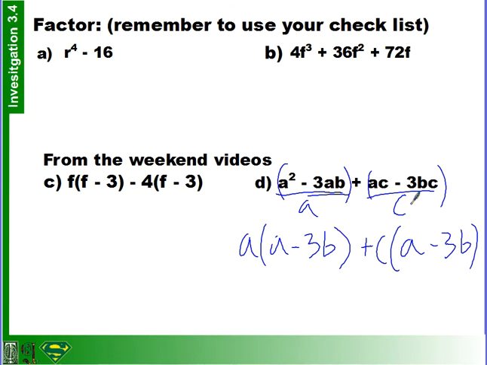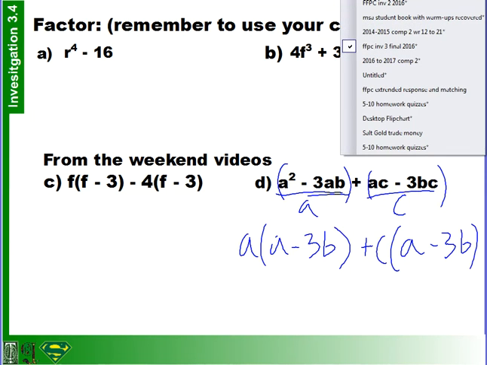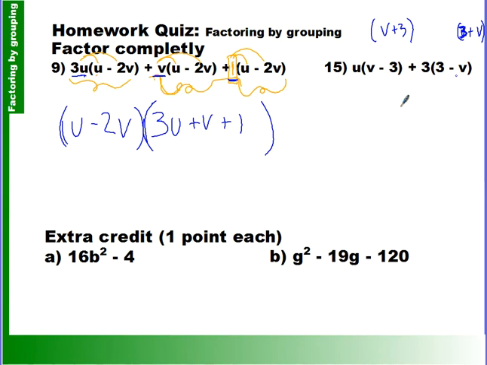Okay. So let's go back to the problem we had before. Is there something that I could factor out of this group that would get the signs to flip inside the parentheses? Unfortunately for us, the answer is yes. Julia?